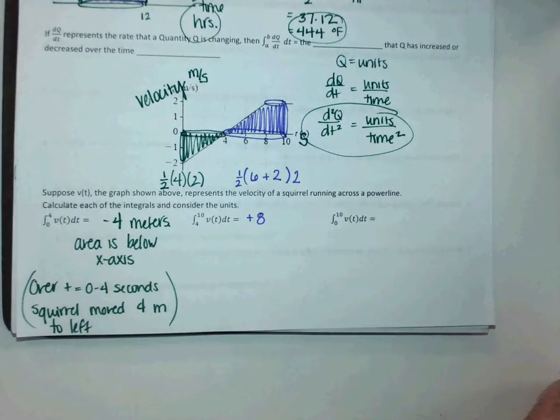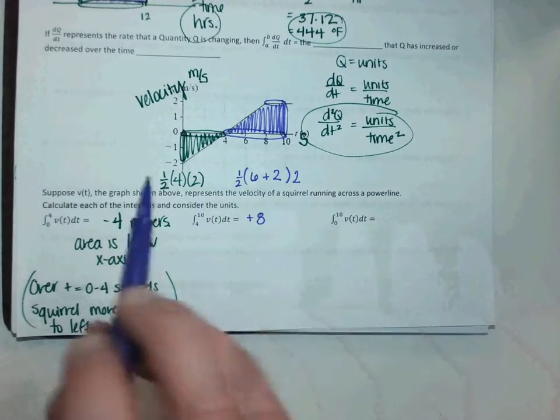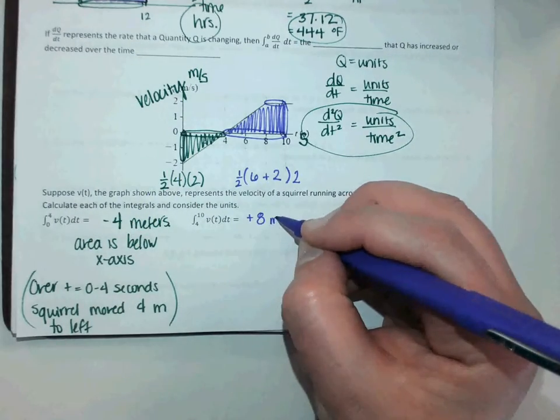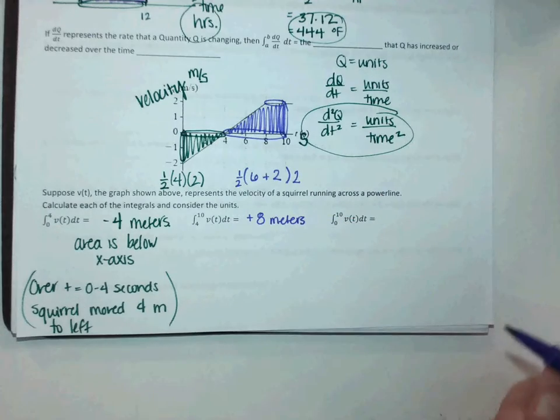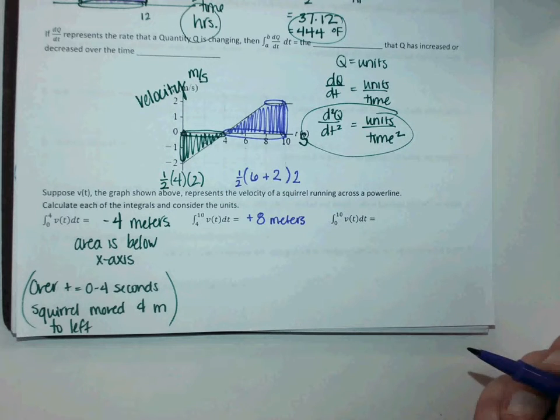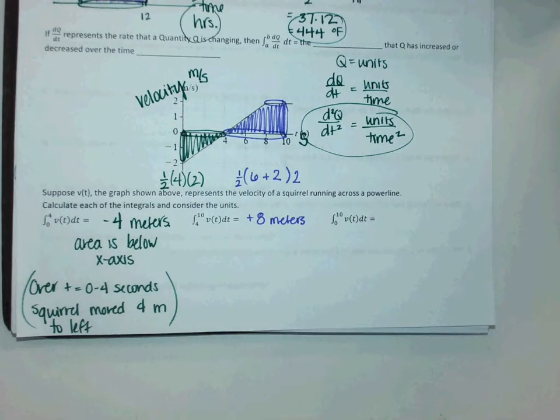But it's positive 8. What are my units if this was meters per second? Now it's regular meters. But which direction did it travel those 8 meters? To the right. Is the area of the trapezoid always just going to be the base plus base? It's base plus base multiplied by height, then cut in half, yes.